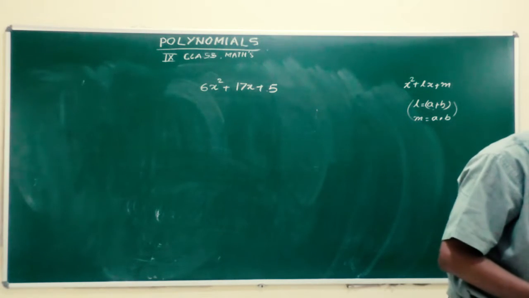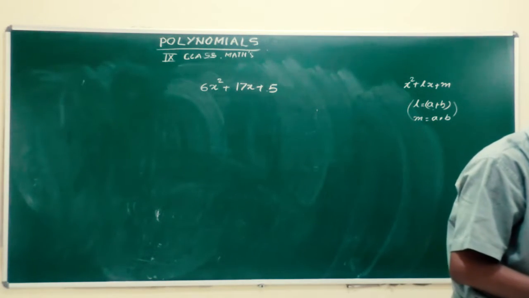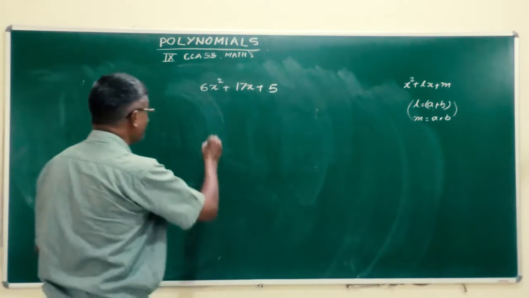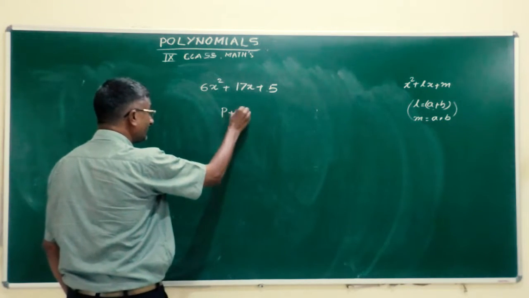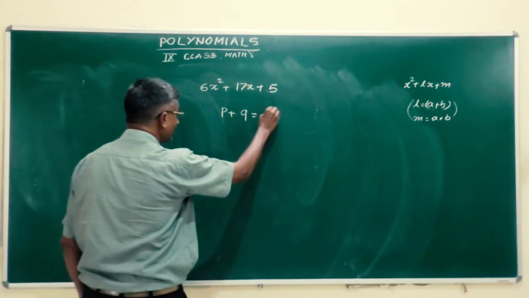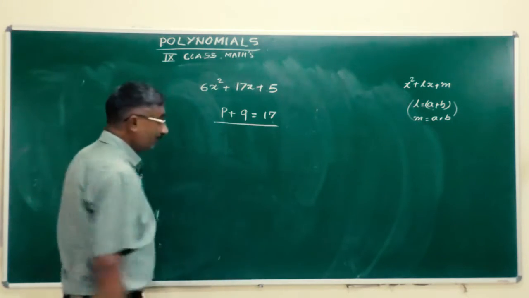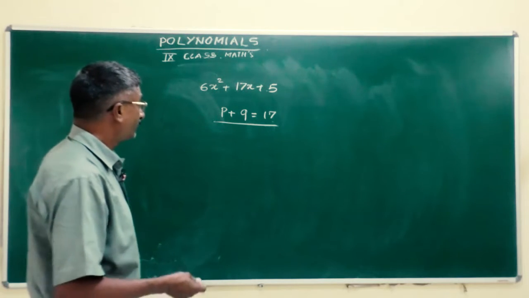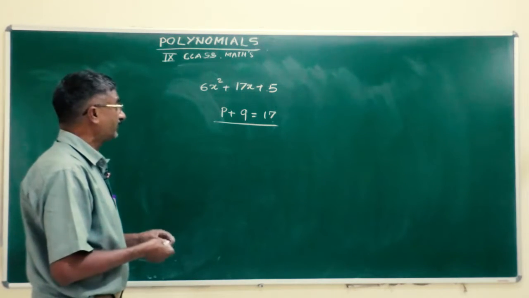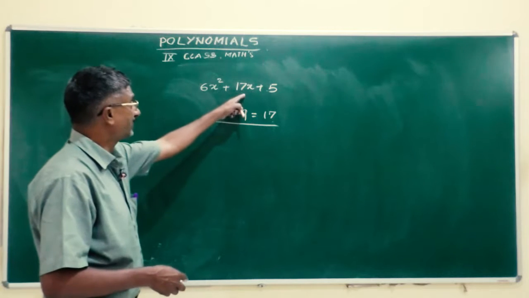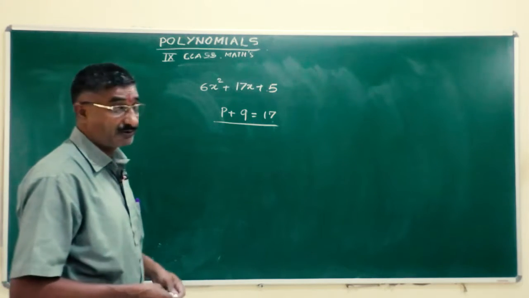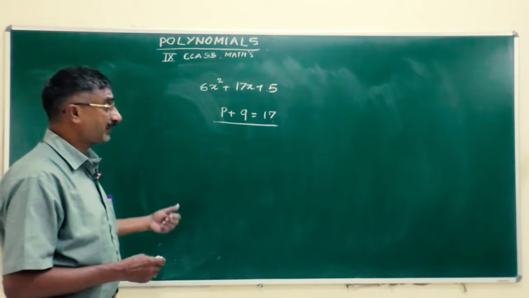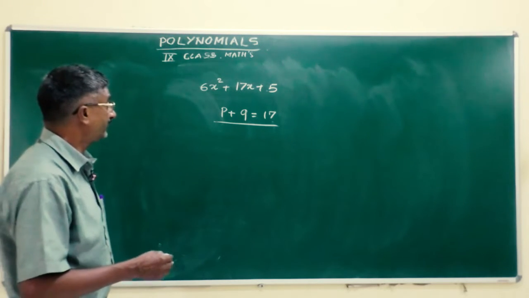So we can find two numbers P and Q such that P plus Q is equal to 17. We have to find out the two numbers. This is the question, 6x square plus 17x plus 5. We have to find out the factors of this example by factorization method, splitting the middle term.